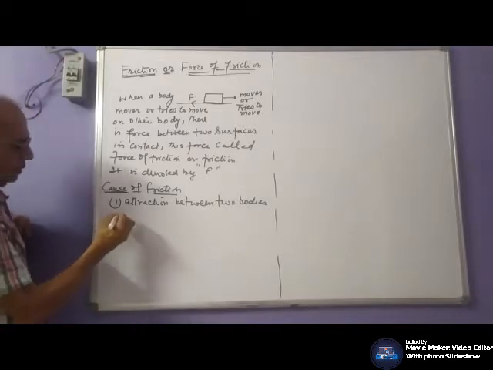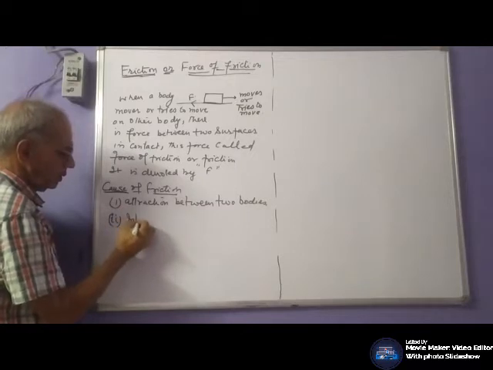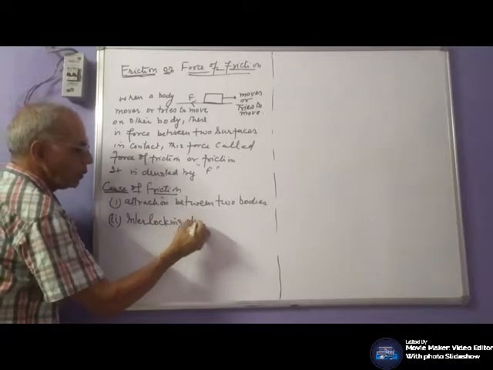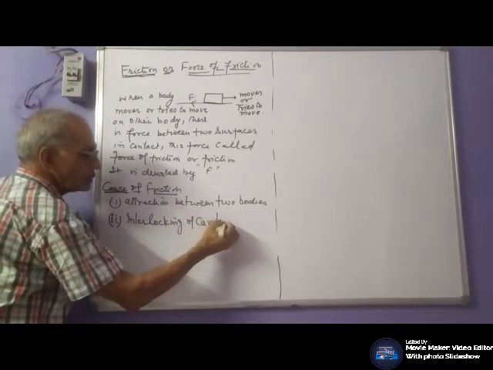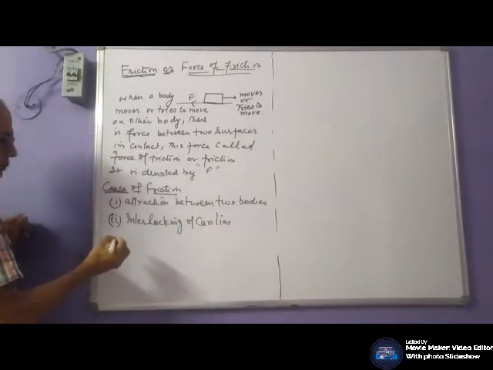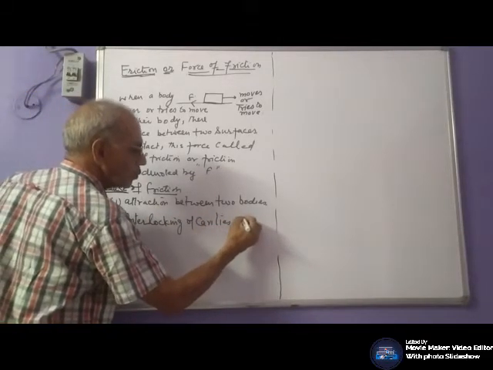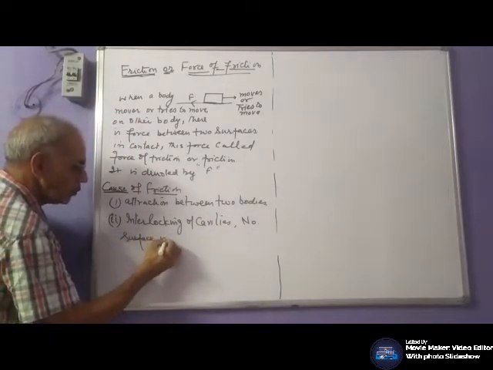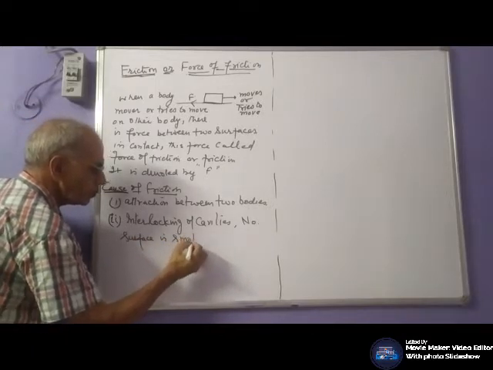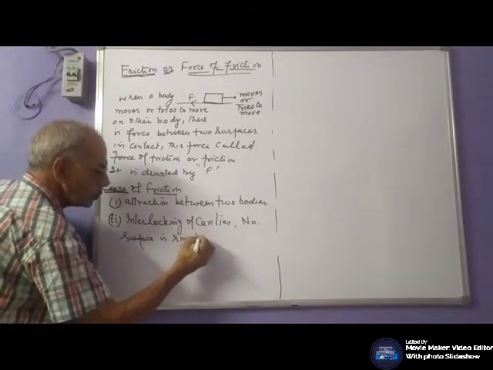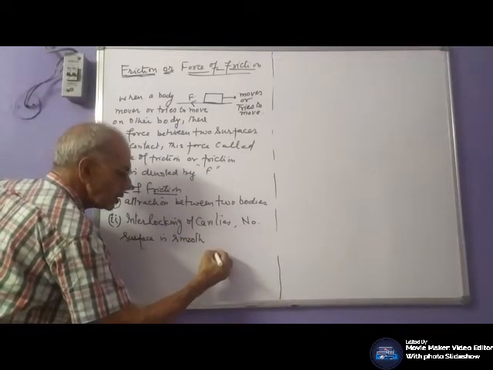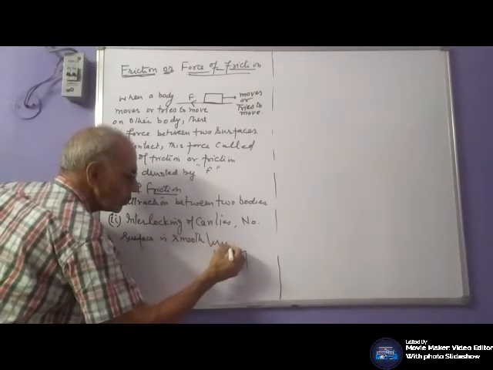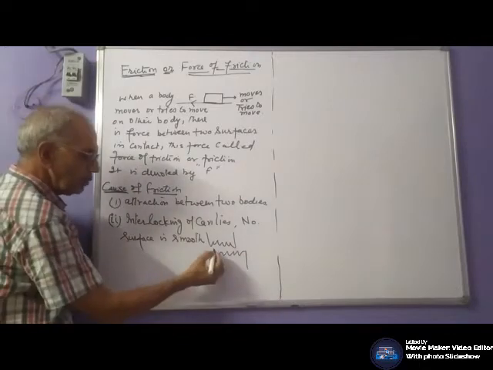Second is interlocking of cavities. No surface is smooth. Every surface is like this. There are cavities in surfaces.